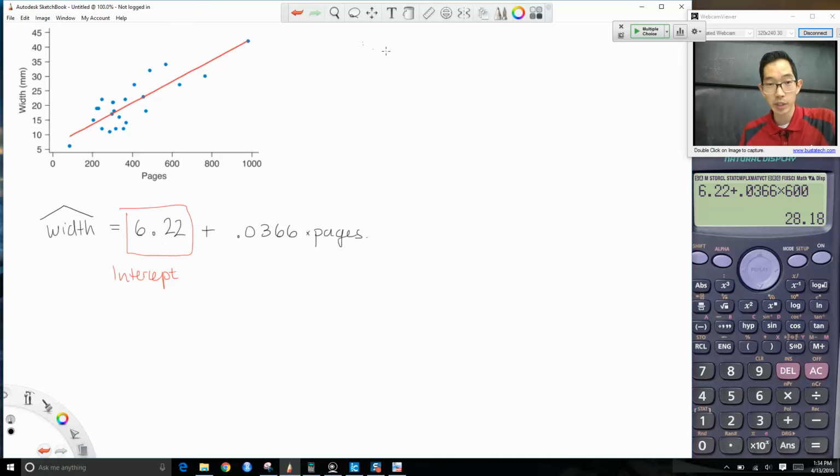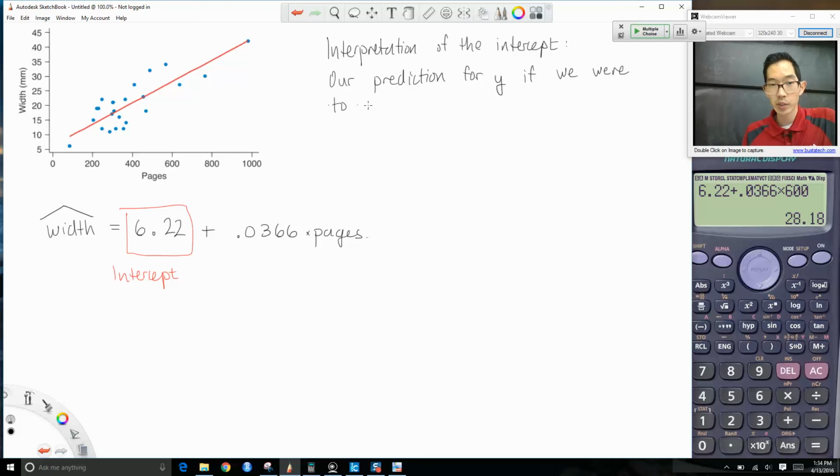So the interpretation of the intercept is basically our prediction for y if we were to plug in 0 for x.